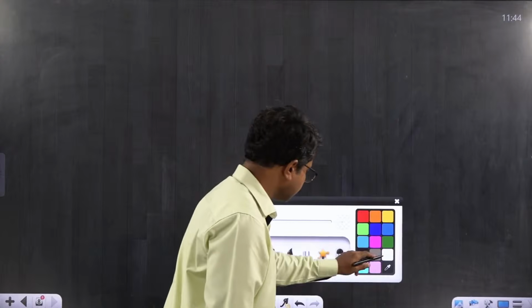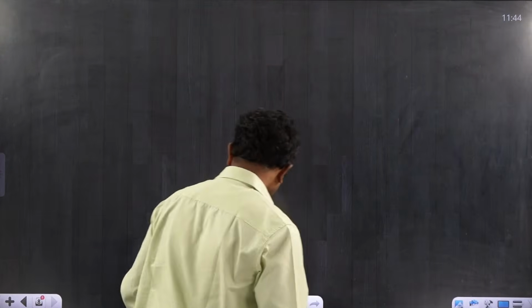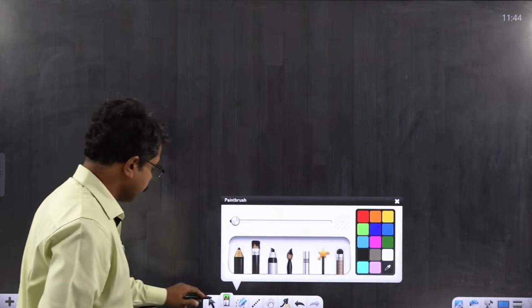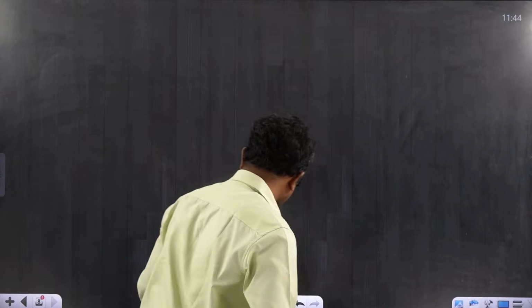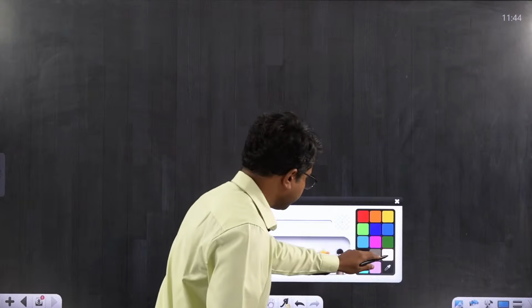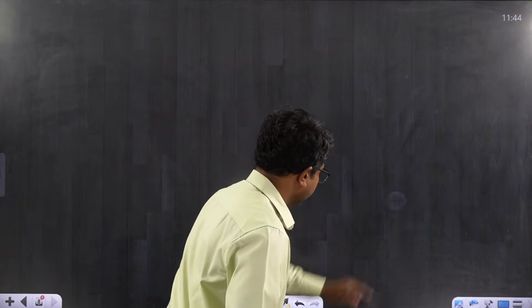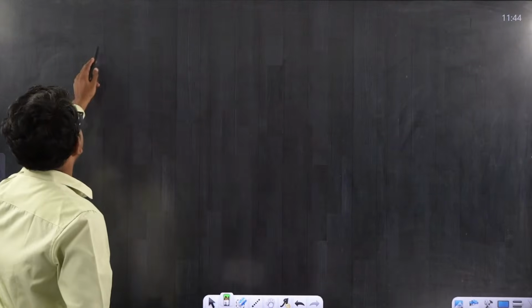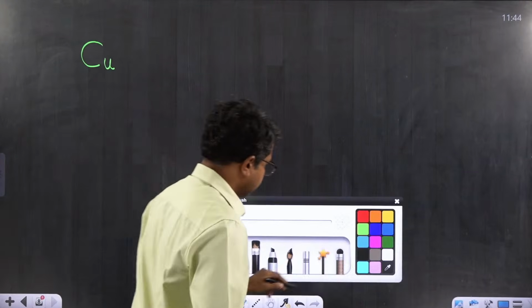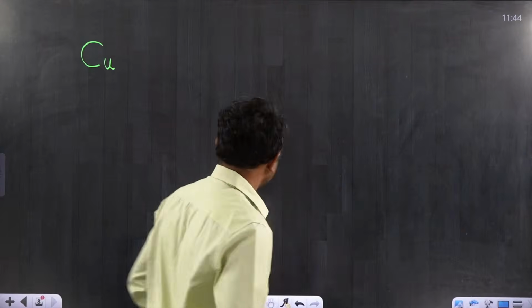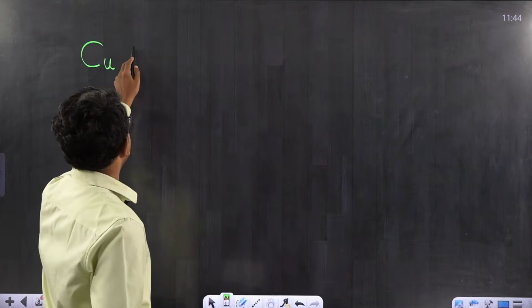Superb. So at the end I wanted to give an example. Please try to count the total number of covalent bonds and the dative bonds in this particular example.